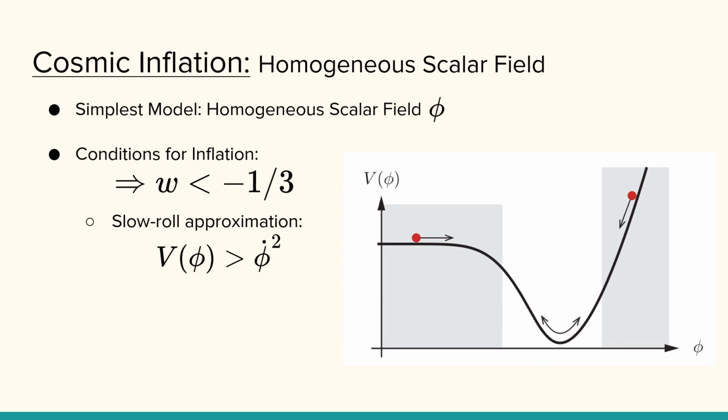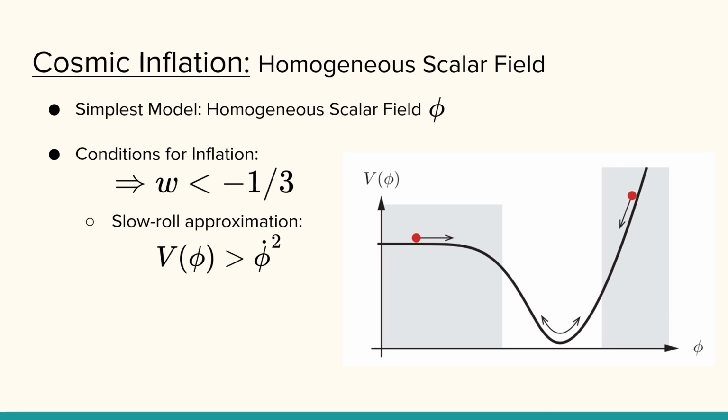Now, there are many different models which describe cosmic inflation, probably thousands, and the simplest is just postulating a homogeneous scalar field, which we call phi. Then the conditions necessary for inflation are a condition on the equation of state, that the equation of state is less than minus 1/3. So dark energy satisfies this, but since dark energy dominated quite late in the universe, it doesn't play into inflation.